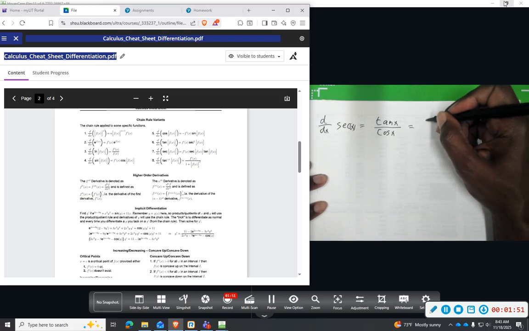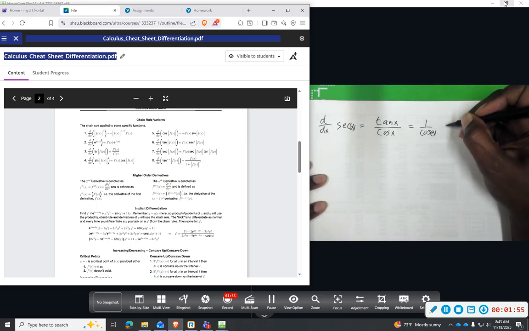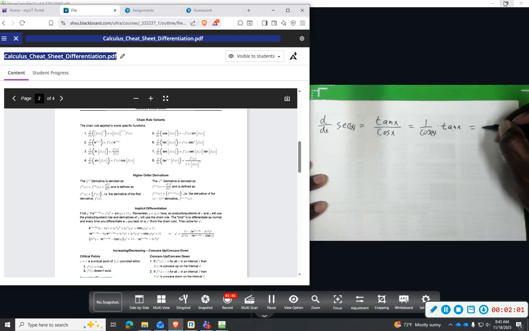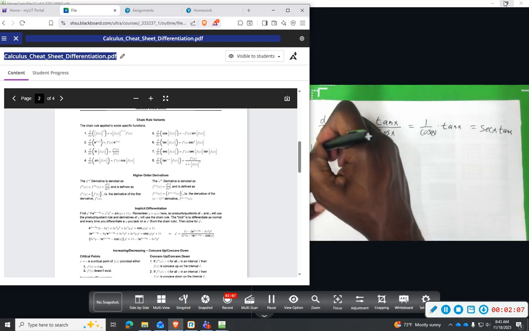That's the same as 1 over cosine times tan, and 1 over cosine is secant. Okay, so we're going to start here.